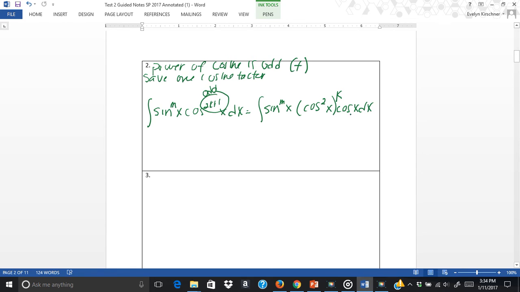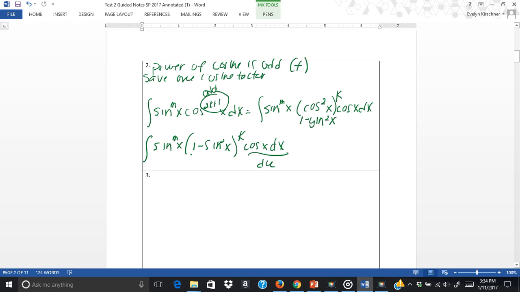So 2k plus 1. I'm going to rewrite cosine squared as 1 minus sine squared x, and I'm going to have the integral of sine to the mth power of x, 1 minus sine squared x to the kth power, cosine x dx. And I'm going to use this for my du. I'm going to expand this, and then I can solve it.